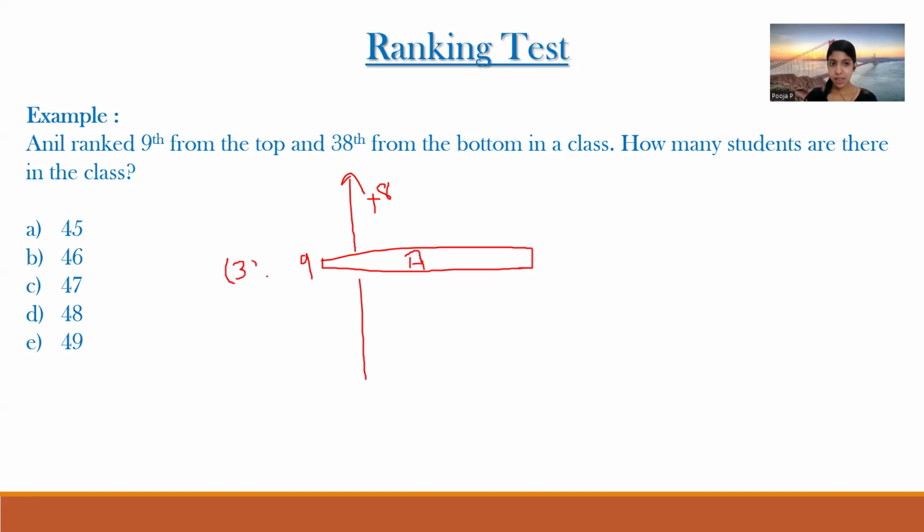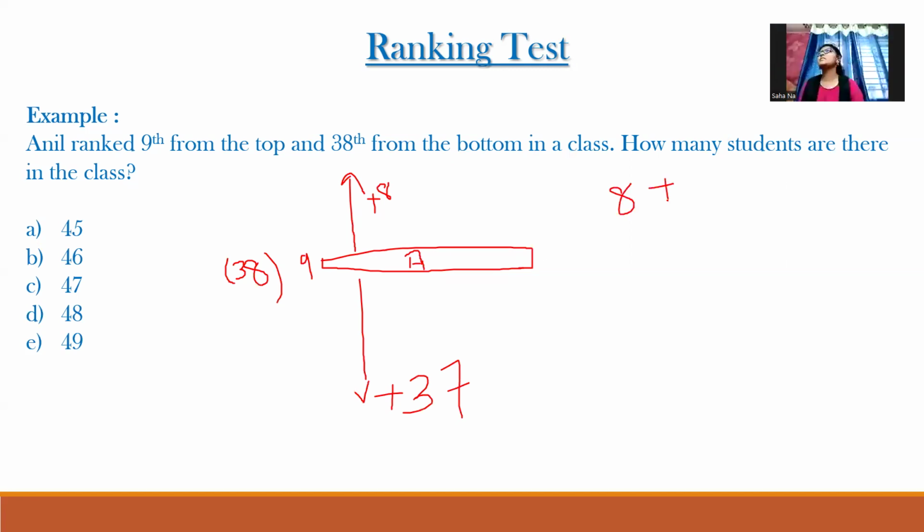If this is 38, then you're supposed to have 37 here. So the total number of students in the class is this 37 plus this 8 plus 1, since Anil is also one among the class. 8 plus 1 plus 37 will give you 46. So your correct answer is option B, 46.